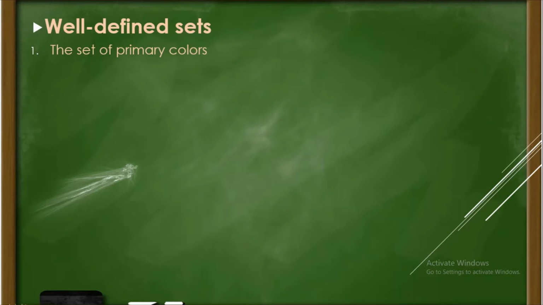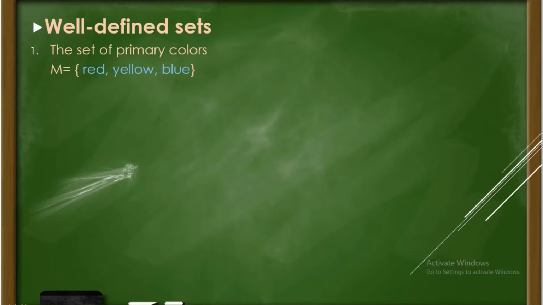And in this example, we use letter M to represent the set. So therefore, set M is equal to element red, element yellow, and element blue. And these colors are the primary colors. Wala nang iba, kaya nga, tinatawag siyang well-defined sets.